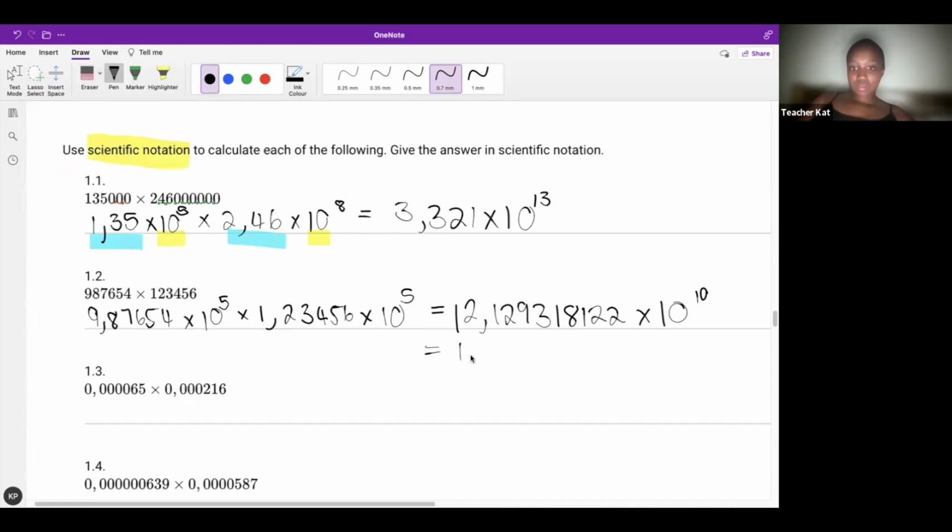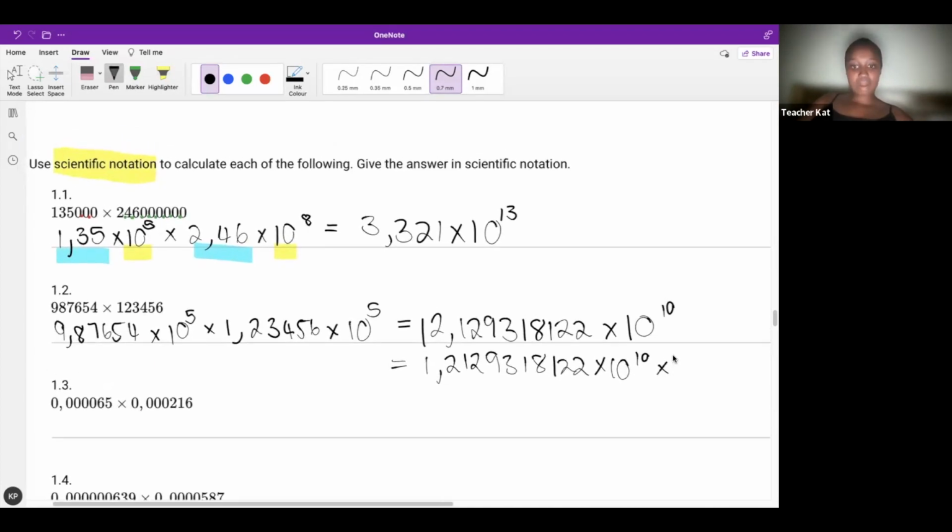Okay, so it wants to be 1,2129318122 times 10 to the power of 10 times 10. Did we move it left or right? Left. So is it positive or negative?